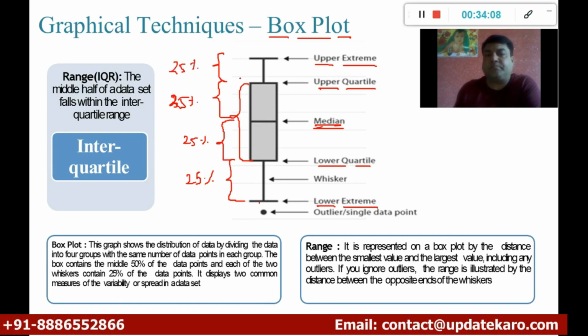Which means that between the upper quartile and the lower quartile we will always have 50% of the data lying.